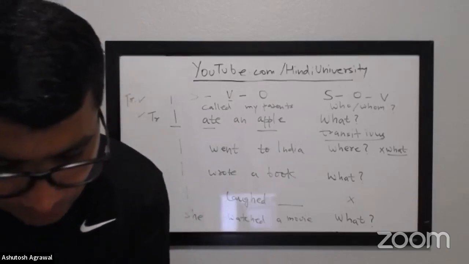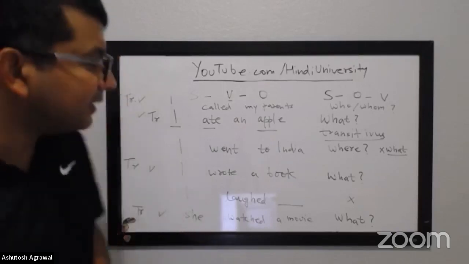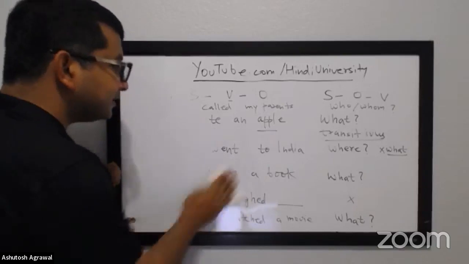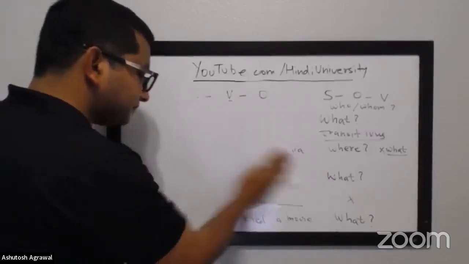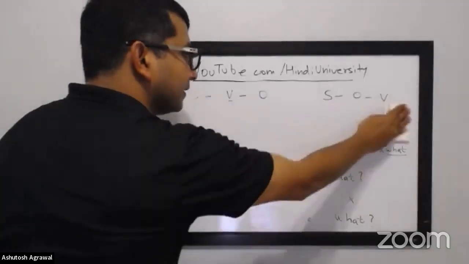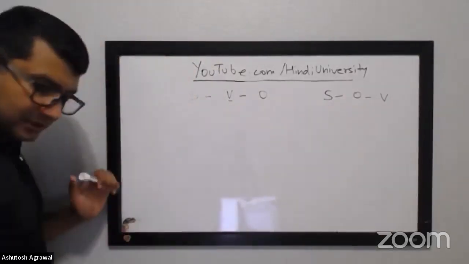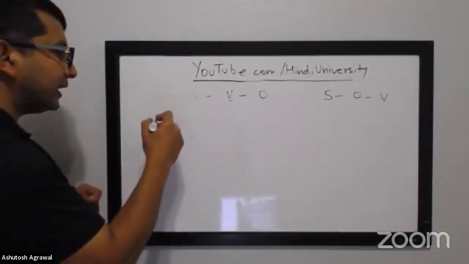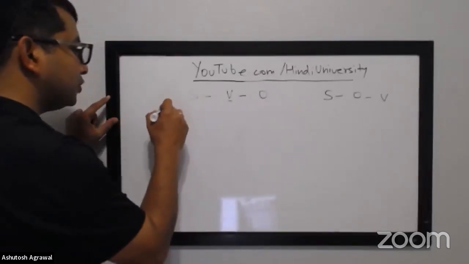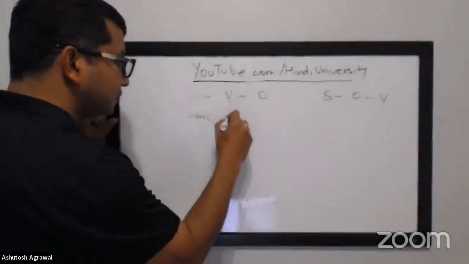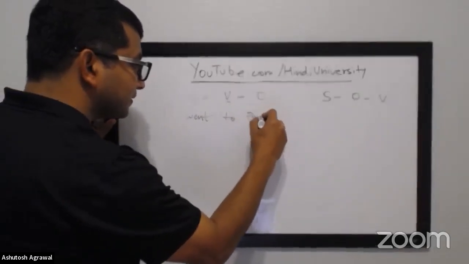I'm going to erase it and continue brainstorming transitive and intransitive verbs. One more property you will notice: in English, you will say, let's say, I went to Paris.